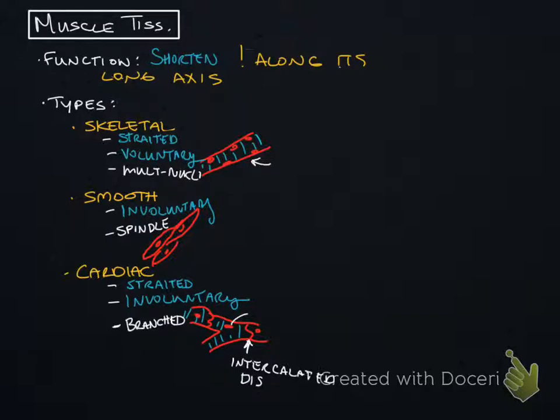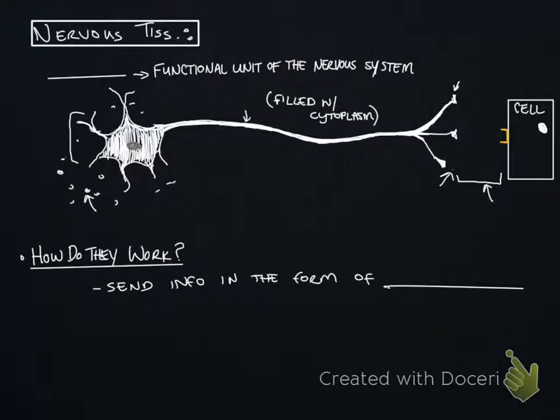These are functionally relevant for cardiac muscle cells. Alright, so what about nervous tissue? The functional unit of nervous tissue is the neuron.